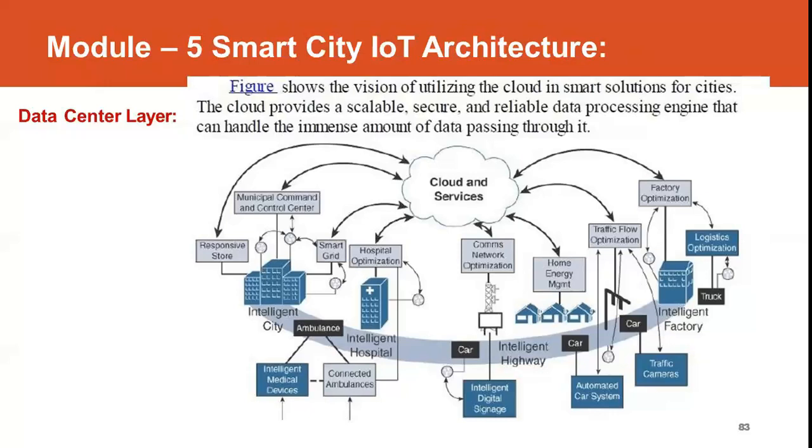The data coming from all the aspects can be integrated together, from house to traffic to factory, then hospital. All those things can be aggregated together to build applications such as automated car systems or traffic camera systems, logistics optimization, and intelligent medical devices. All those applications can be built together and combined.